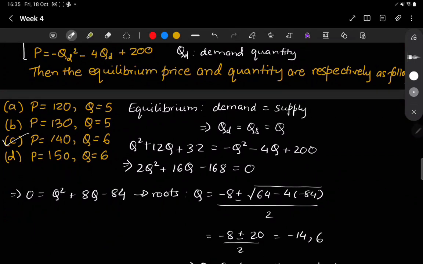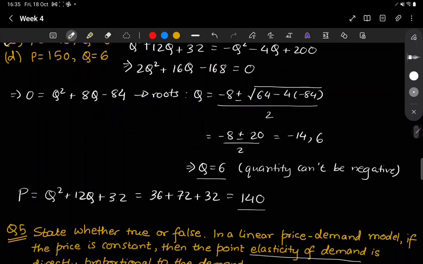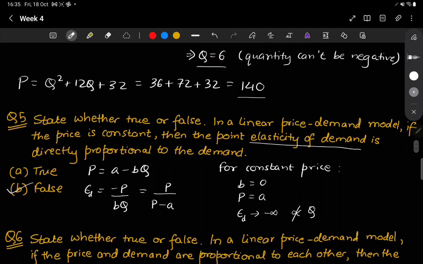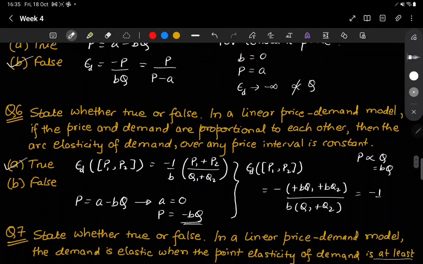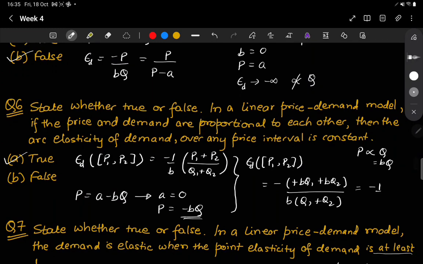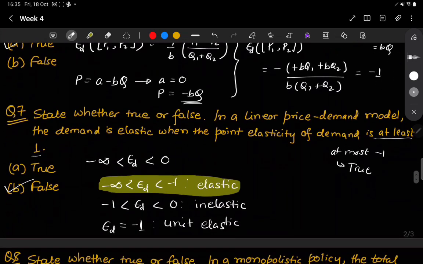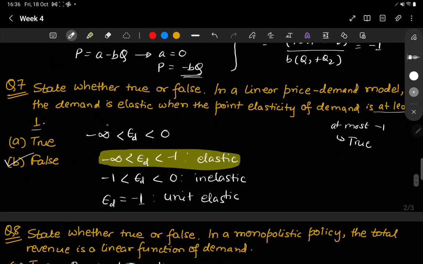Equilibrium is when demand equals supply. This is elasticity of demand, defined over a price interval. And these are the possible conditions on the elasticity of demand.